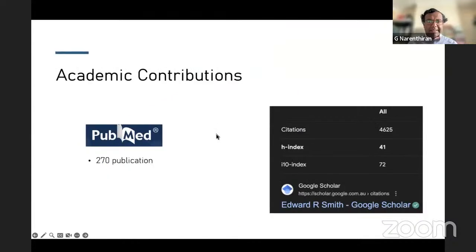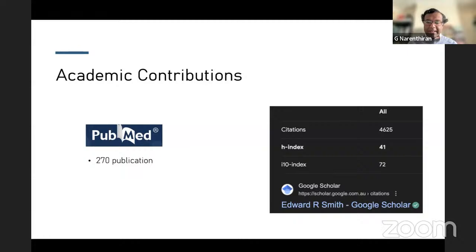He has been prolific in his academic contributions as well. In PubMed, Edward R. Smith has 270 publications. I don't know how much I have missed out. Google Scholar gives an impressive H index of 41. That means that 41 of his papers have been cited by 41 other papers, which is amazing.